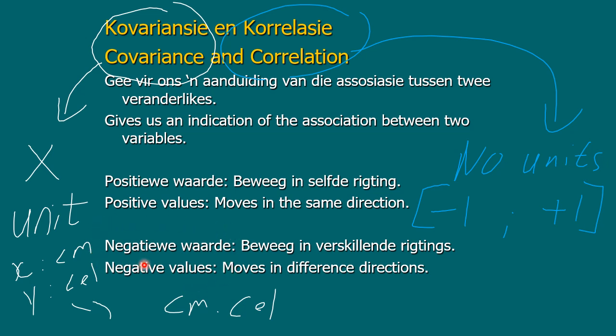If the covariance or the correlation in my factory between temperature and tensile strength is negative, that means to get stronger steel, I actually have to reduce my temperature. If they are positively correlated, that means if you increase the temperature of your production, you would also increase the tensile strength.